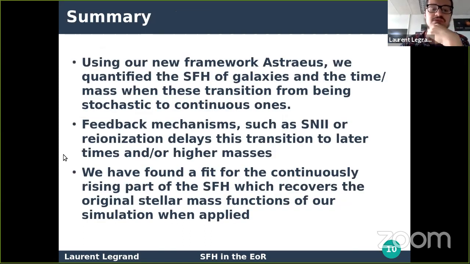So as a summary, using our new framework, we quantify the star formation history of the galaxies and the transition point. And the feedback mechanism we include delays this transition point to either a later time or higher mass. We have found a fit for the continuously rising part of the star formation history, which allows us to recover the stellar mass functions when we use them.